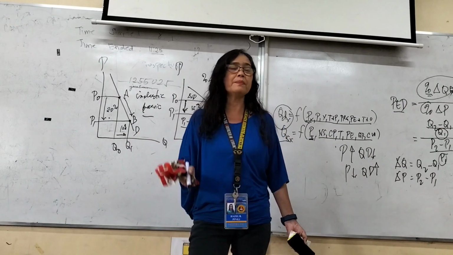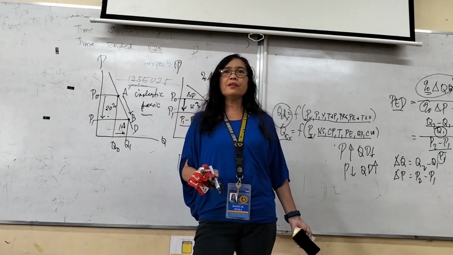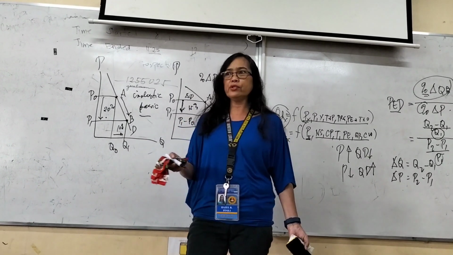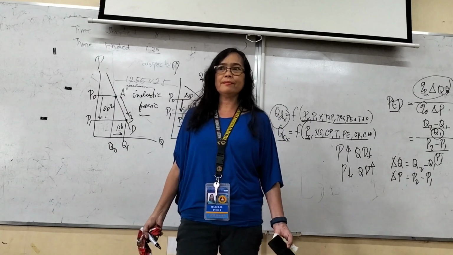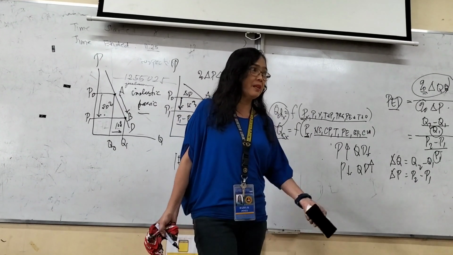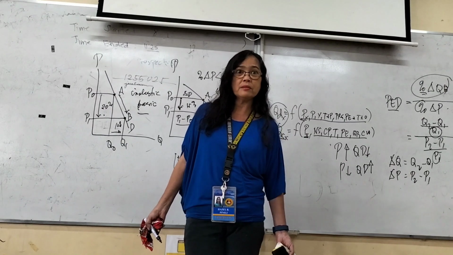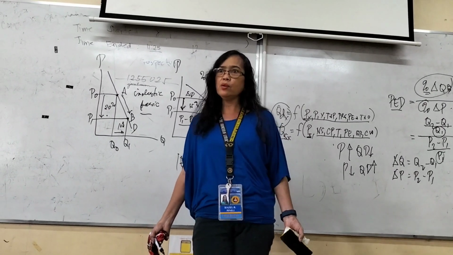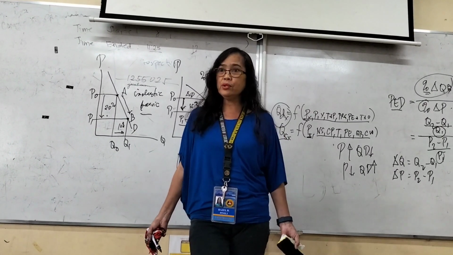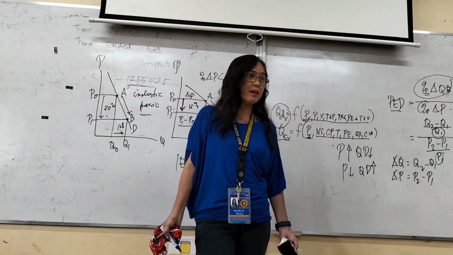If it will drop to 40 and you used to buy 1/4, since the price has dropped, you will buy 1/2. You're not going to buy by kilo or 5 kilos because you consume the same amount of sugar.